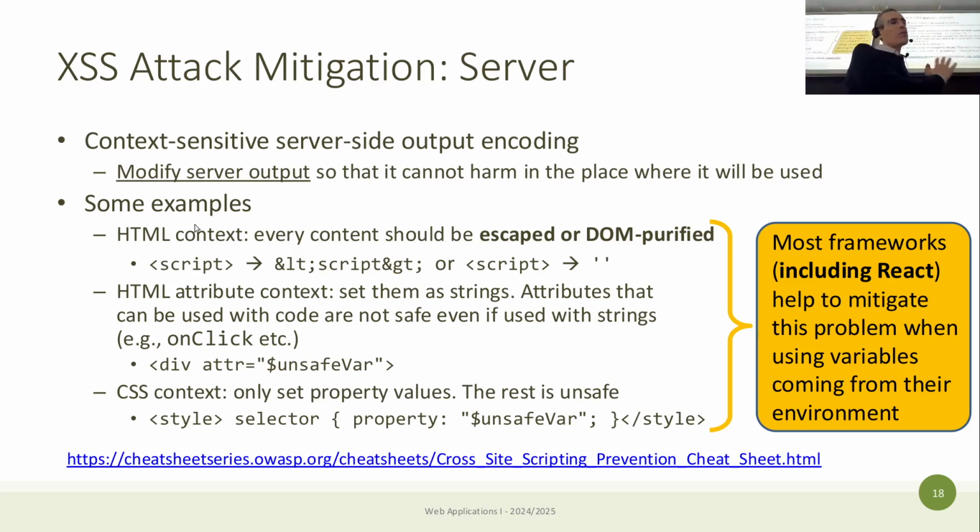So just a few examples. Of course, in HTML content, to avoid problems on the server, you should always either escape or purify the content. And it's suggested to do it before storing it in the database, so you don't forget to do it when you show the information back to the client. Okay, so in short, escaping is what is on the left side and sanitizing is what is on the right side.